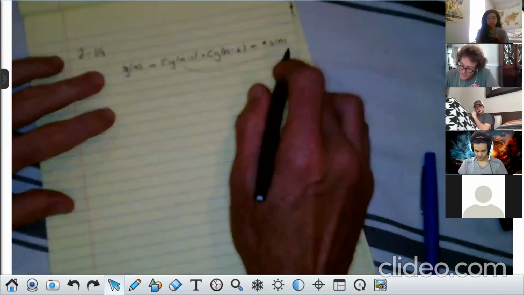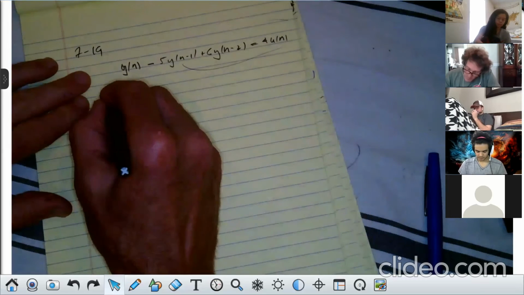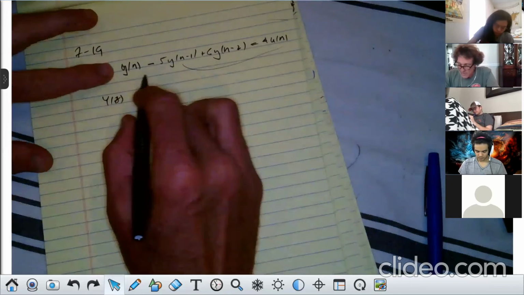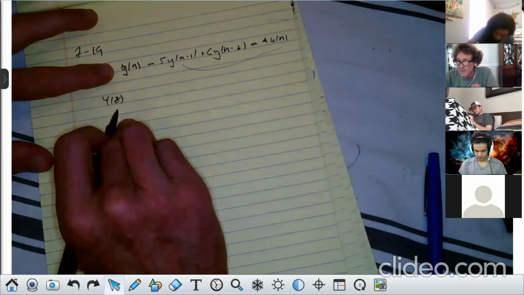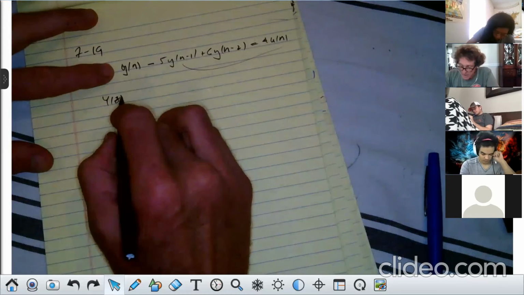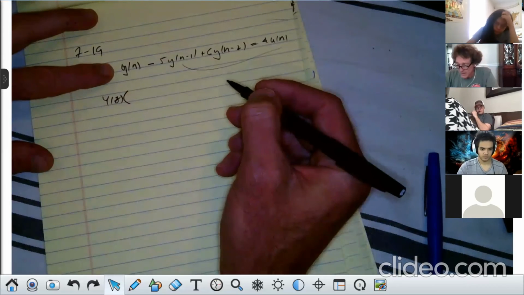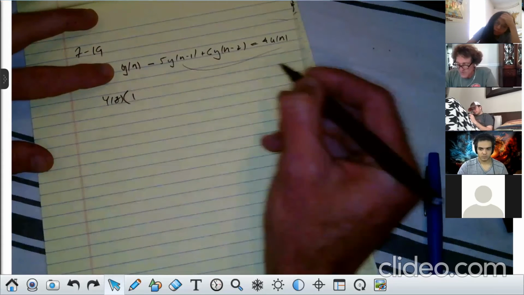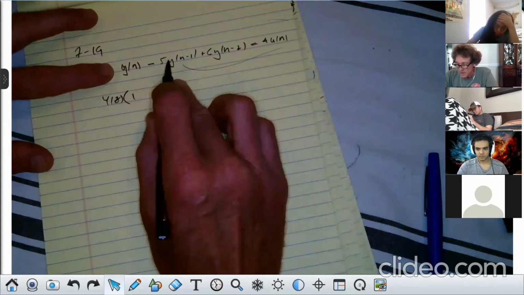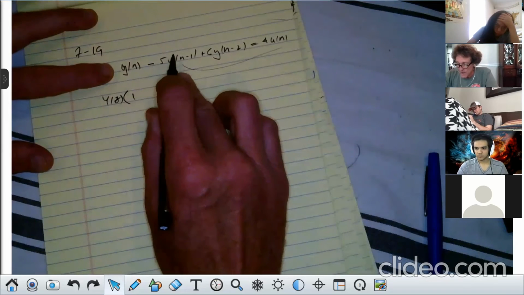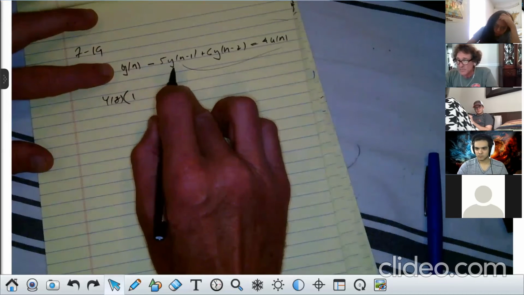Let's take the Z transform of both sides. So I have Y of Z here. Y of n goes to Y of Z, right? I just put a parenthesis there, which means it has a coefficient of 1. Now, minus 5 times y of n minus 1 is what? Minus 5 Y of Z over Z, correct?